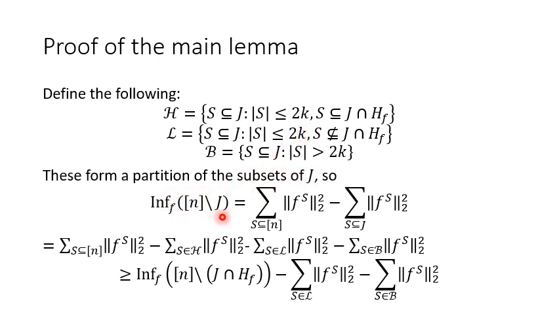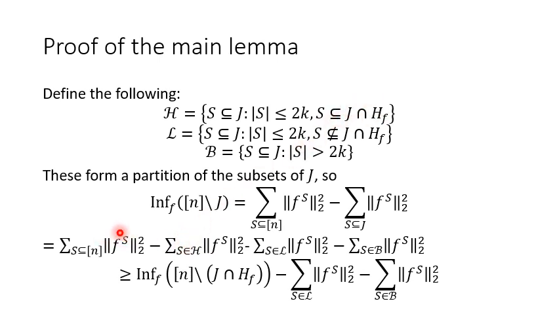So this influence that we have seen is equal to this expression. We can take this sum over S that are subsets of J and instead split it into these 3 sums, where we use this partition of J. Because every S that is in H is also contained in J intersection with HF, we can make this sum even bigger by taking all S that are contained in J intersection with HF.